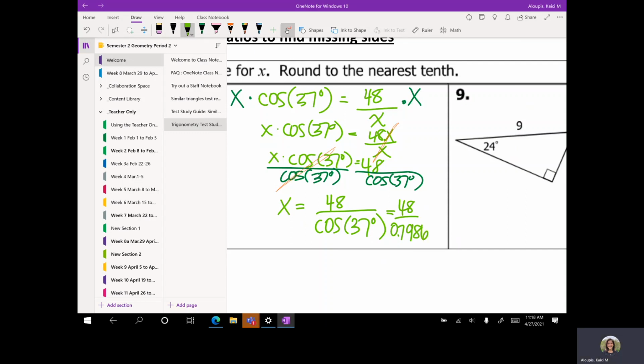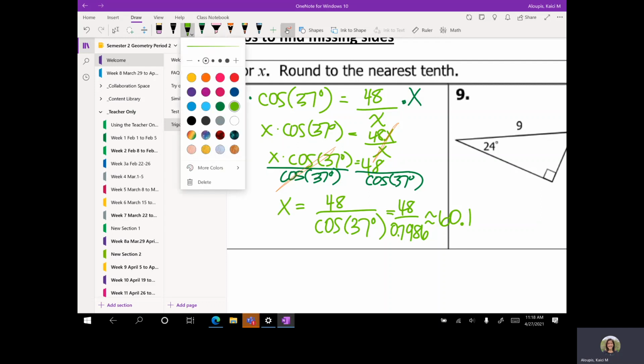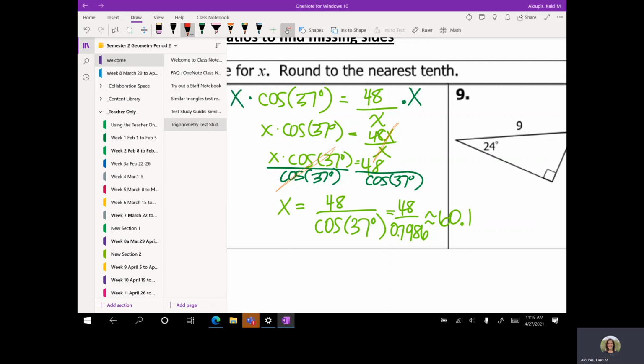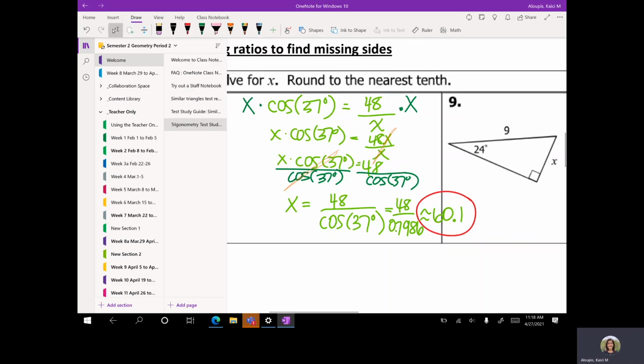And I'm going to plug in my calculator, 48 divided by 0.7986. And that is approximately, if I'm rounding to the nearest tenth, 60.1. So that's my approximate answer right there, the value of x.